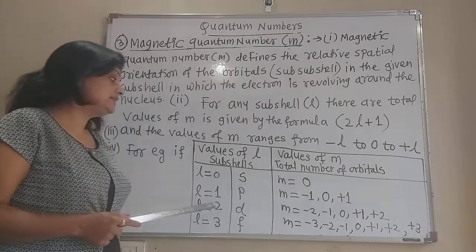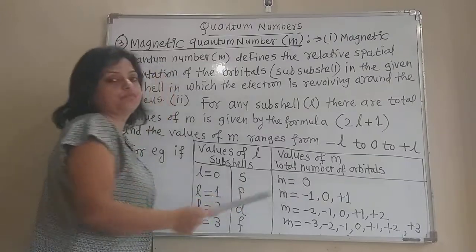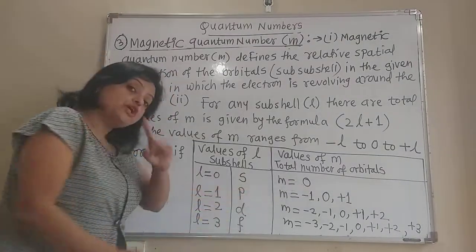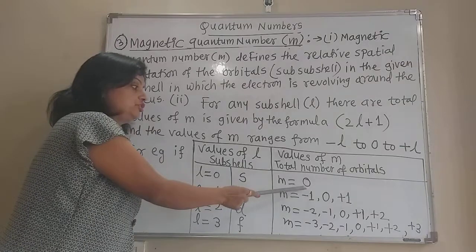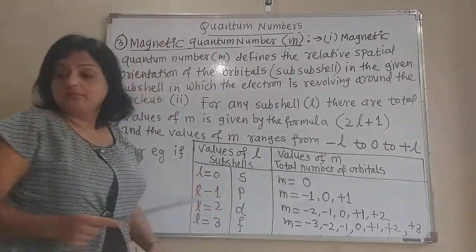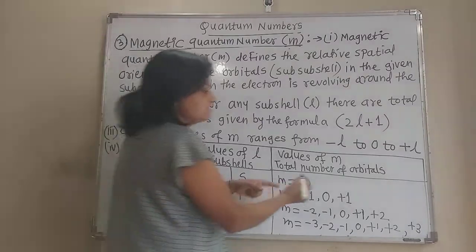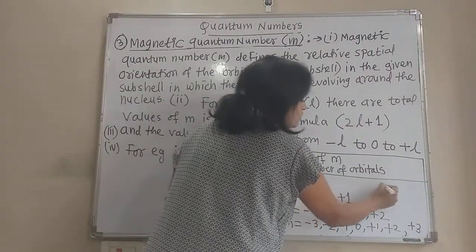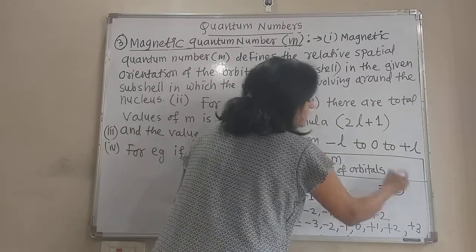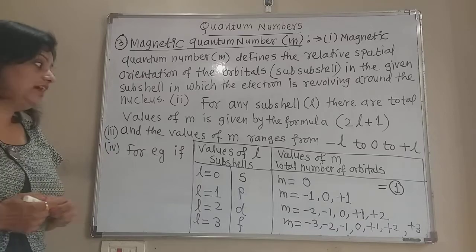The value of m is only 0. The total number of orbitals in the s subshell is equal to 1, but the value of m comes 0.